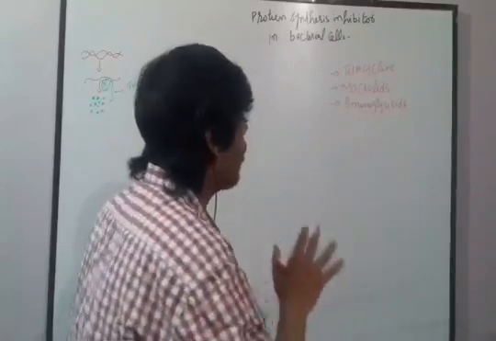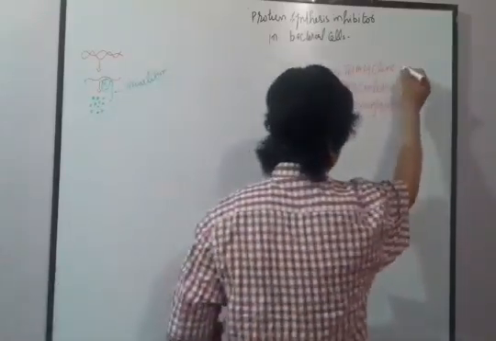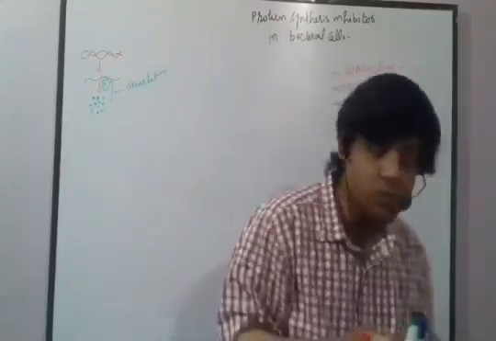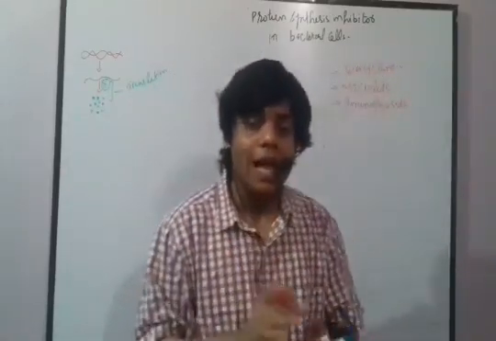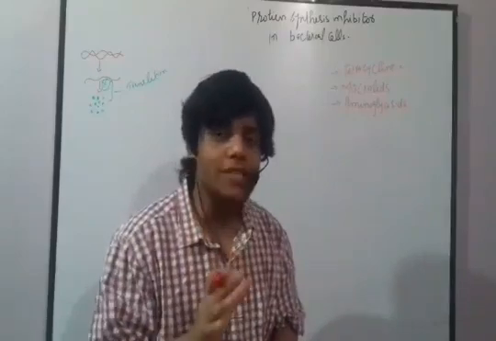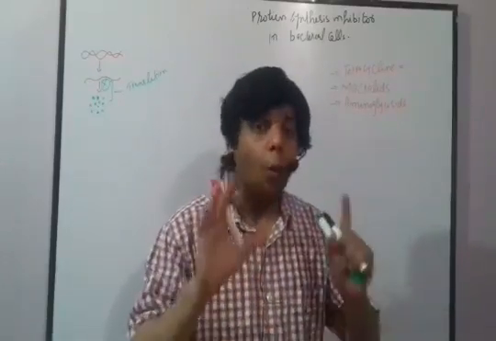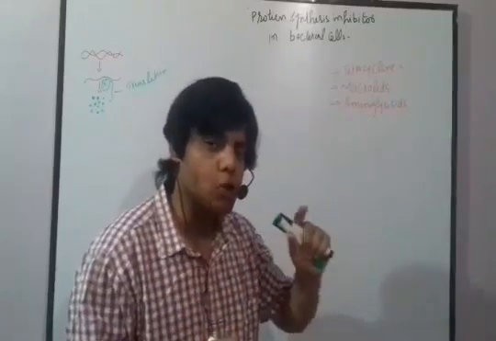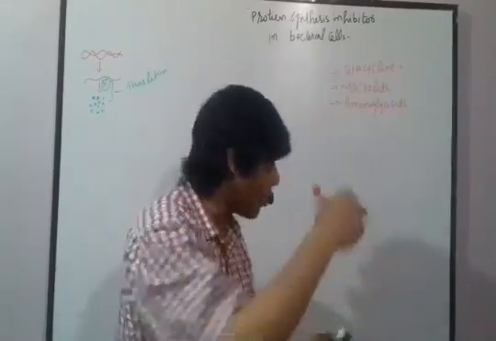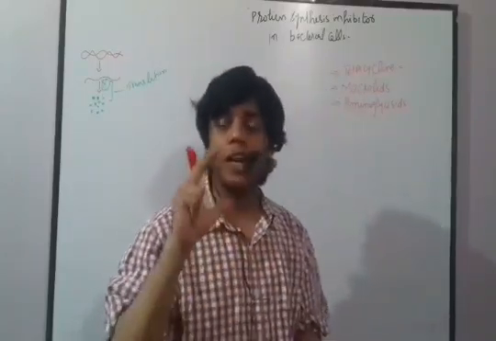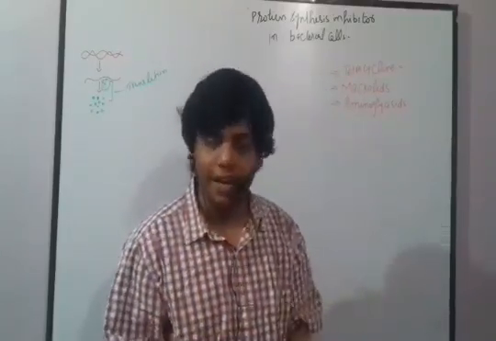Now, let me tell you one important thing: for protein synthesis, the ribosome plays a vital role. Why? Because ribosomes contain three sites, P site, E site, and A site.